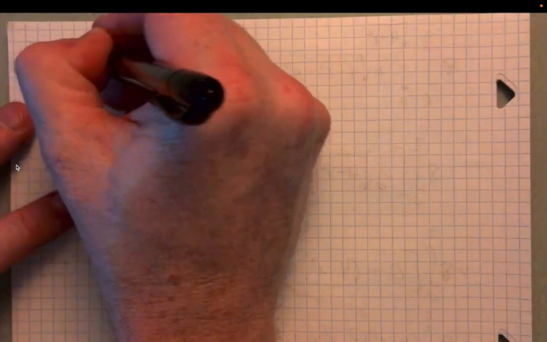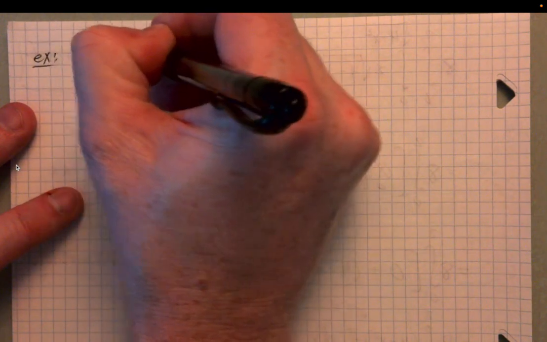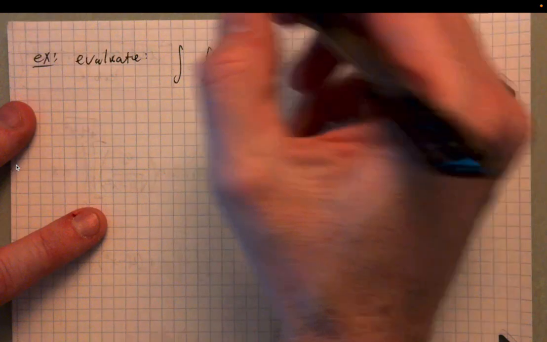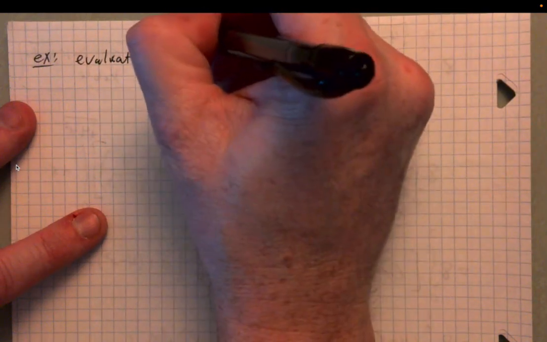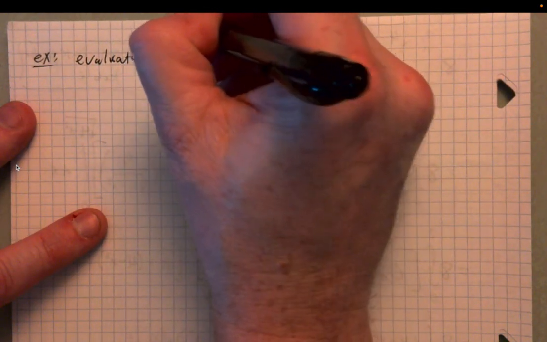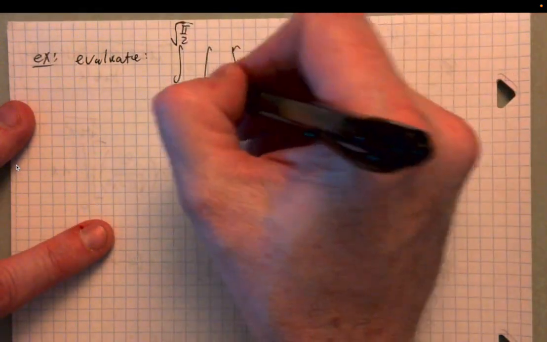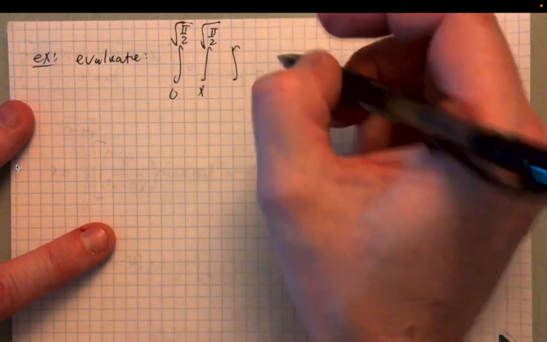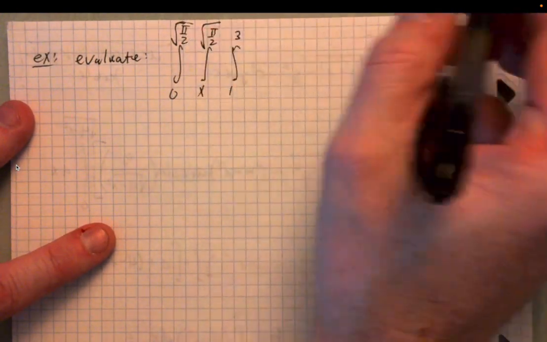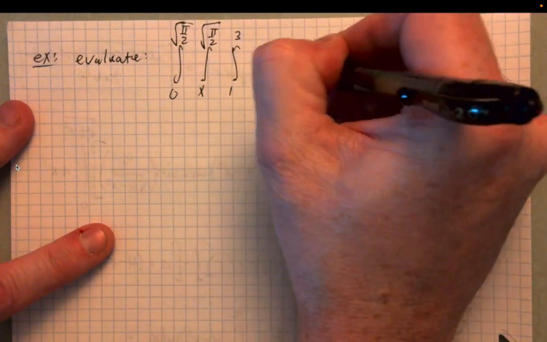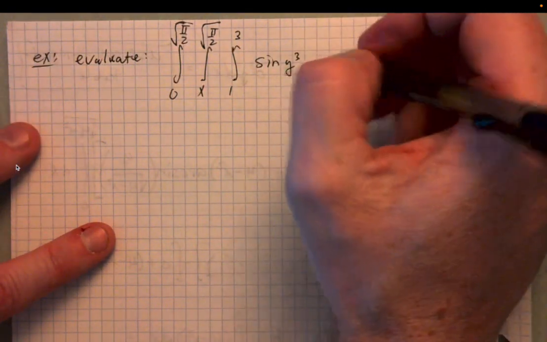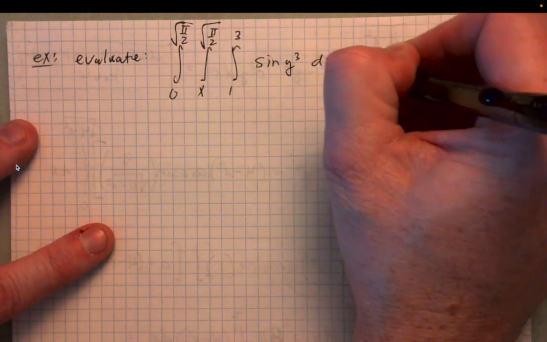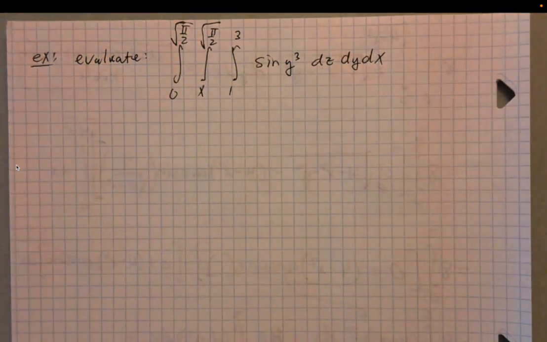So we want to evaluate a triple integral that looks like this. You've got 0 to the square root of pi over 2, then x to the square root of pi over 2, and 1 to 3. And this will be sine of y cubed. The order that these bounds correspond to is dz, dy, dx, the natural order.